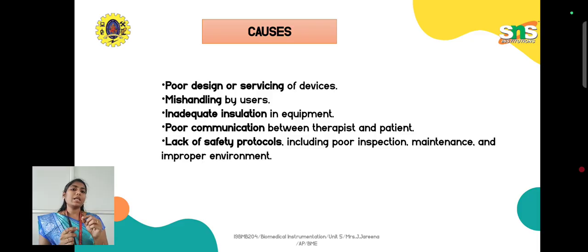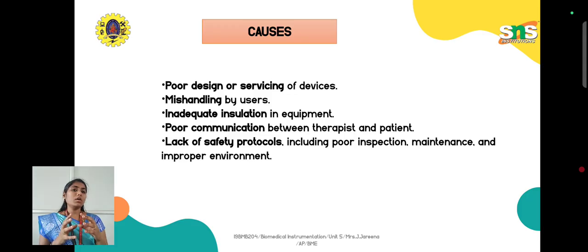And the last one is the lack of safety protocols. So it's very important to follow the safety protocols in the hospitals, which include proper inspection, maintenance, and a proper environment.